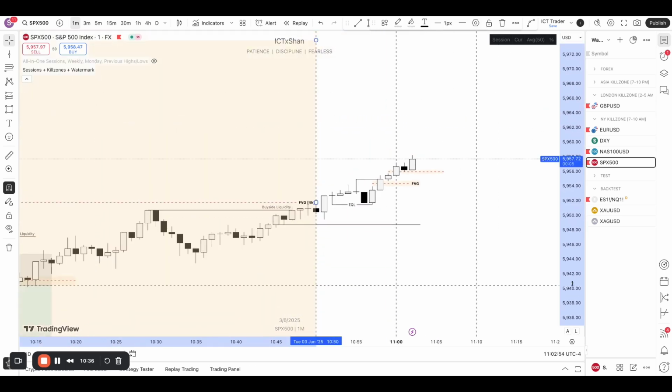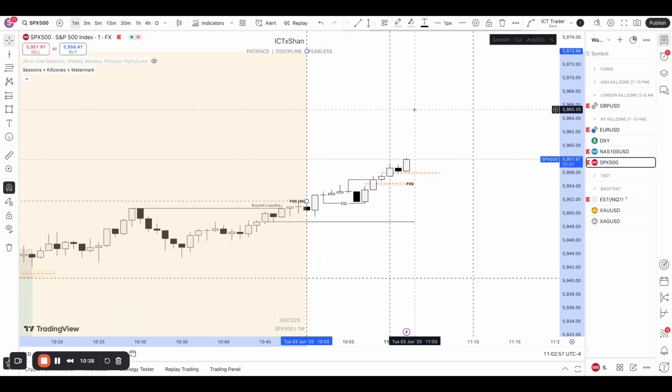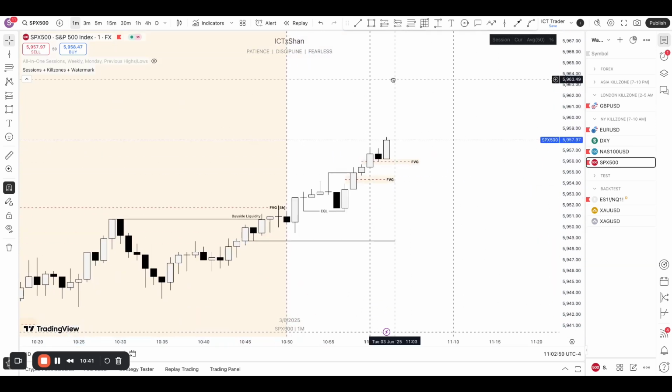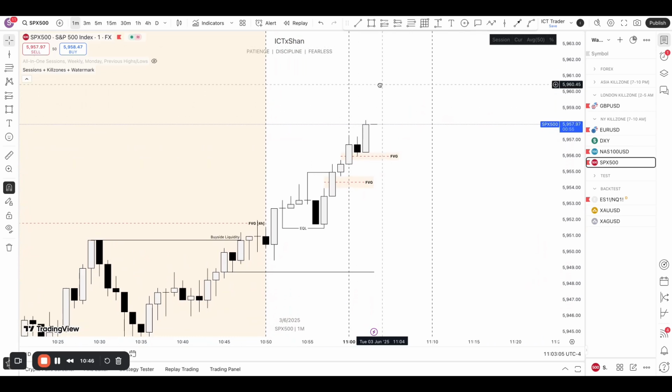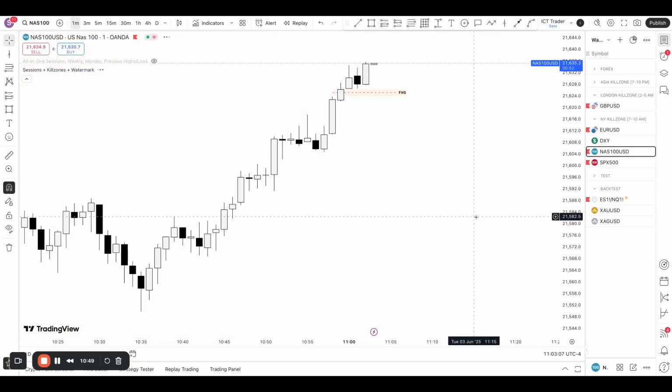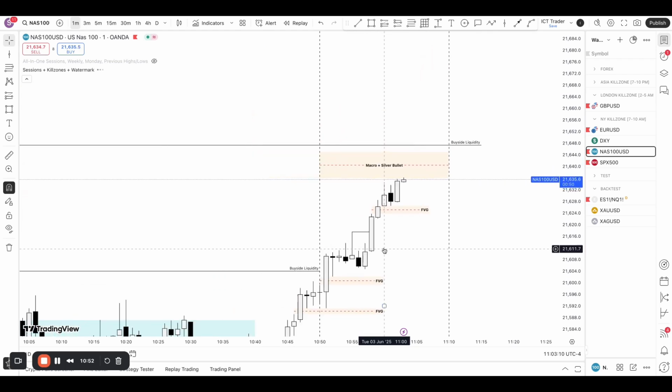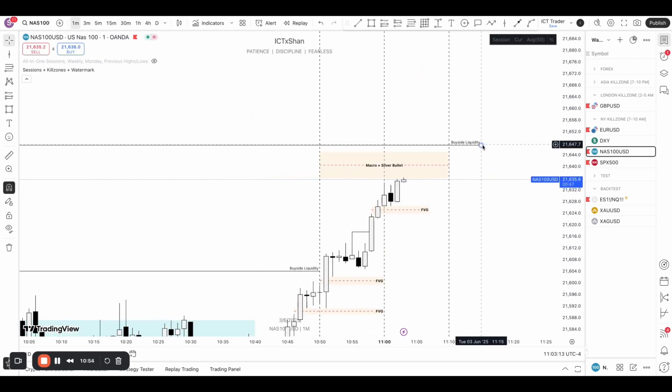So still we are in for the hourly gap. Other than that, we don't have any concerns here. But on NQ, there's another buy side liquidity testing above.